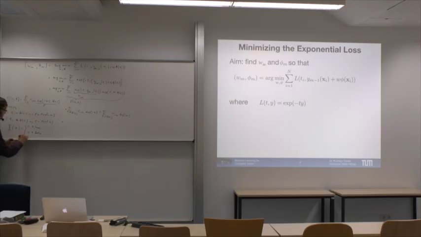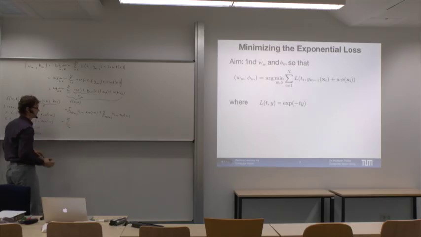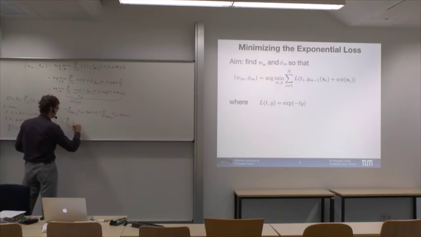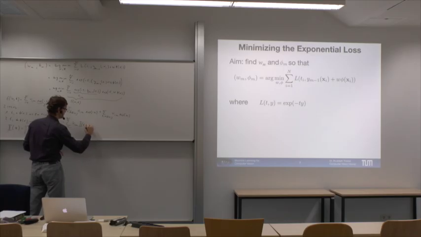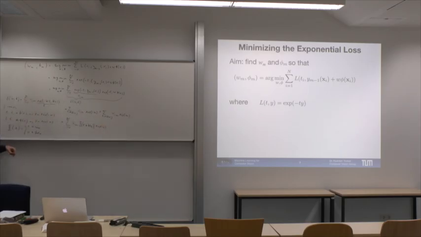So that means we can write this first thing here, the sum over all misclassified, as a sum over all n of the indicator function of Ti not equals phi of xi times the exponential of minus W. This is exactly the same.